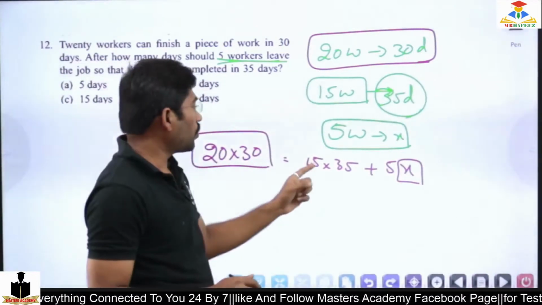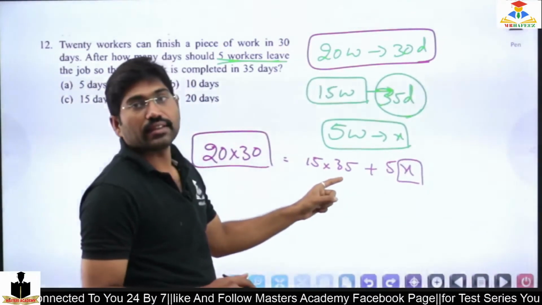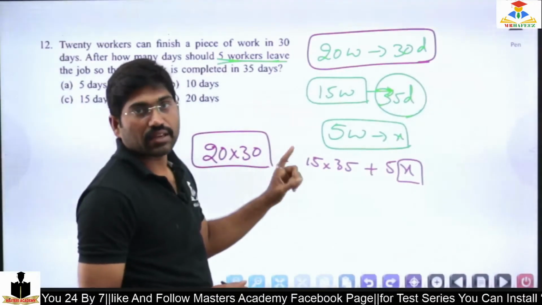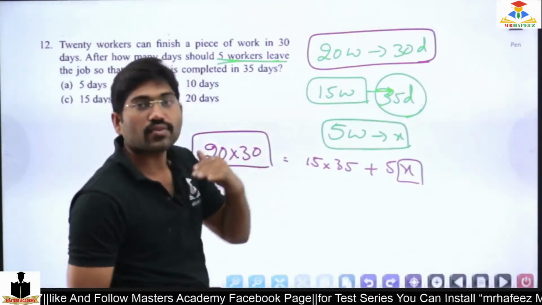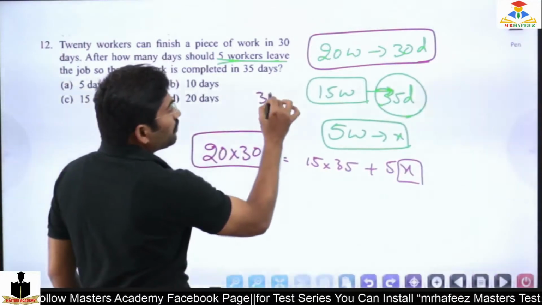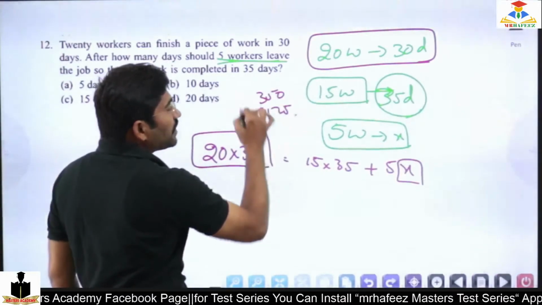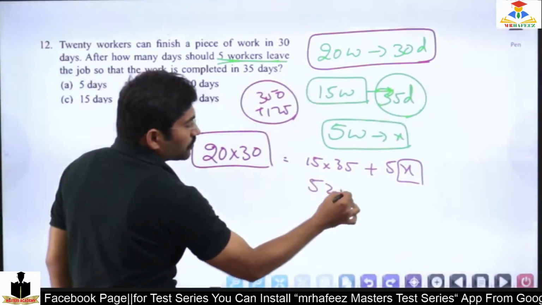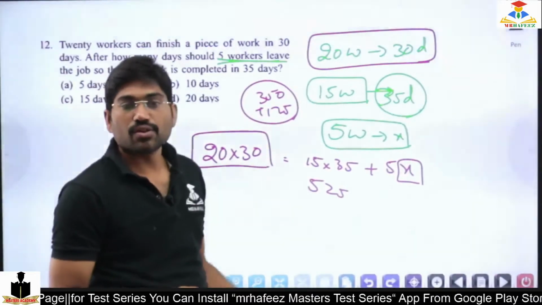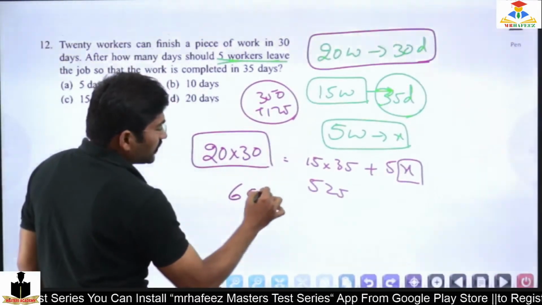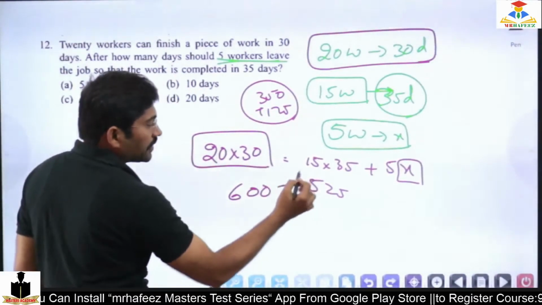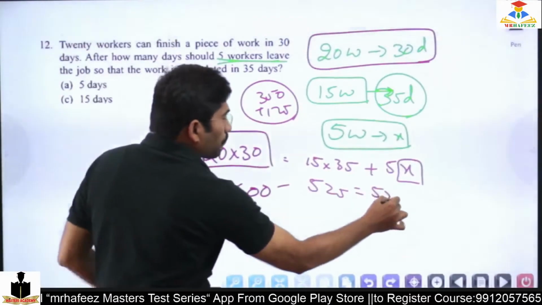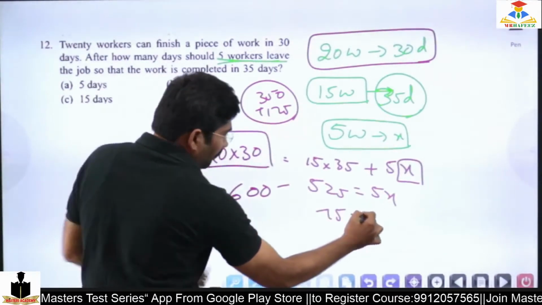So 15 times 35: 35 times 10 is 350, half of 350 is 175, so 350 plus 175 is 525, and the total is 600. Keeping the other side, 5x is 75.